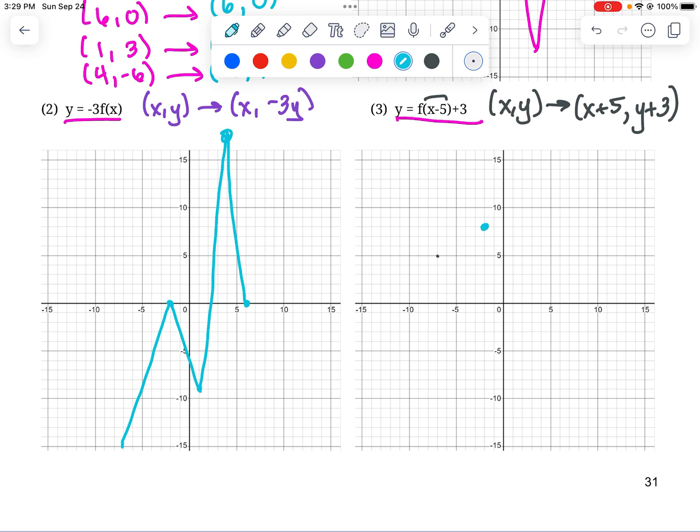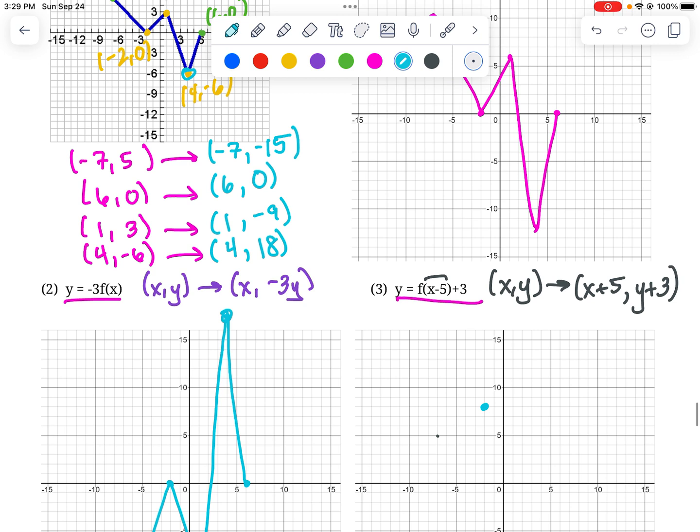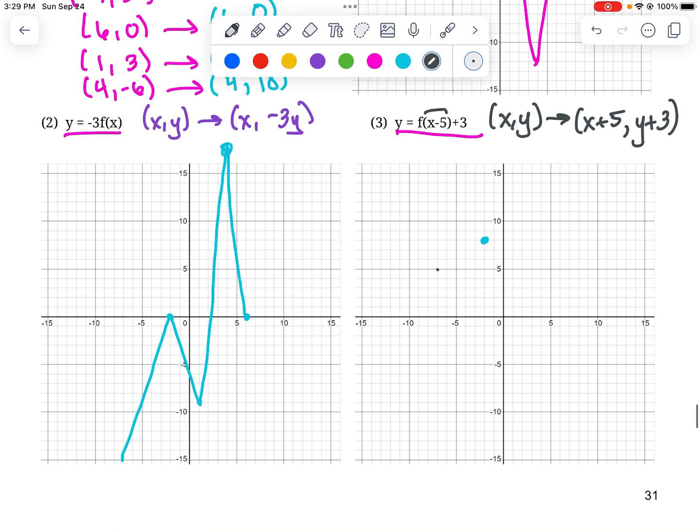So I could just locate the points of the parent graph, like -2, 0, here, that little black dot that I just made, and then count 5 over, up 1, 2, 3 squares, and there's a new point, right? So I could certainly keep doing that, and I would locate everything in the graph.